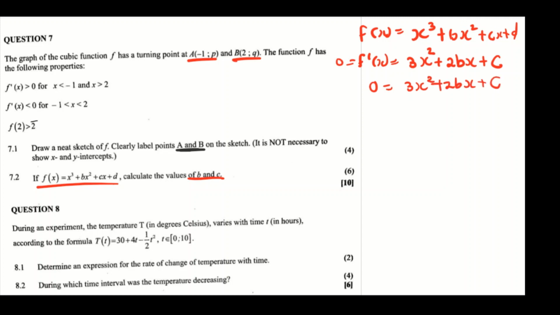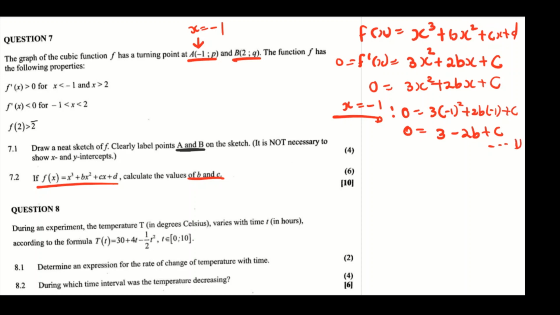The first turning point is x equal to minus 1. So when x is equal to minus 1, we have 0 is equal to 3 into minus 1 squared plus 2b into minus 1 plus c. So 0 is equal to 3 minus 2b plus c, which is my equation 1.